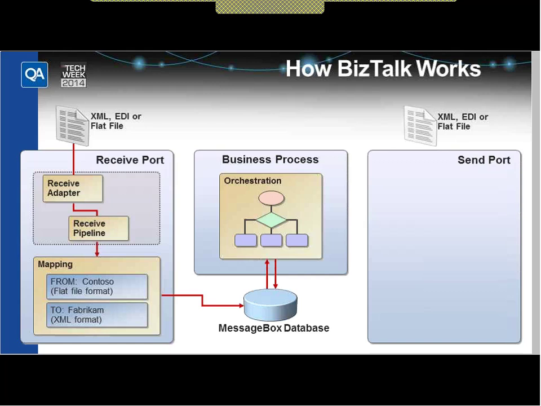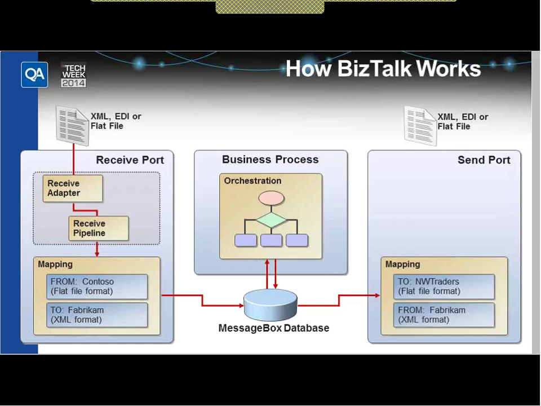So on the send side, our outbound messages can get turned maybe back into some flat file format, passed through a send pipeline, which can do things like encrypting them, signing them, or if you want to be more ambitious, turning them into a PDF, or whatever modifications we need to make to the message as it leaves BizTalk.